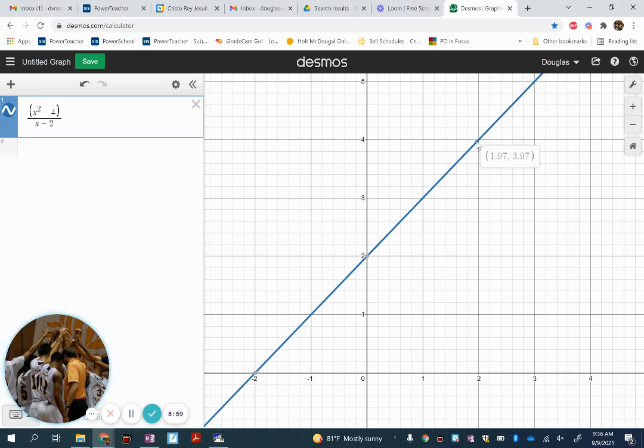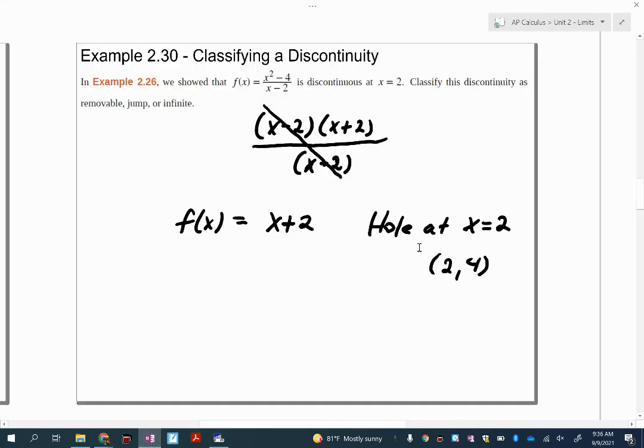But as you move towards it, there you go, when you plug in 2 to this function, it is undefined. That's the issue with Desmos. It doesn't actually show you the hole. So this has a hole. And as I mentioned earlier, when I see the hole, I'm thinking this has removable discontinuity.